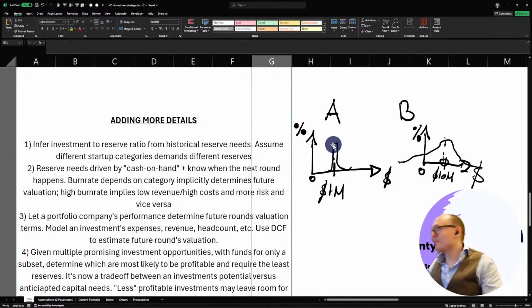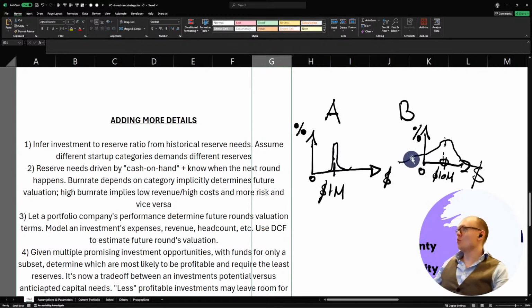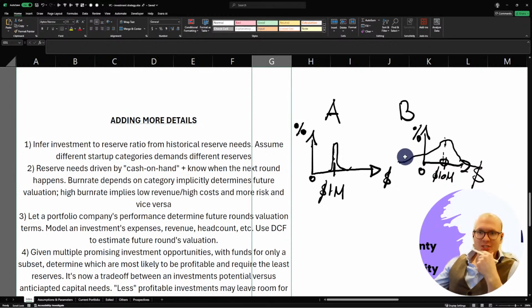We can see that there's this whole blob down here, which puts a lot of chance that we will lose money by investing in B. So while it can perform much better, it might actually fail entirely. And even in terms of its performance, there's a good chance it will still be less than the 8 million and also less than the 1 million. It could also be bigger though.